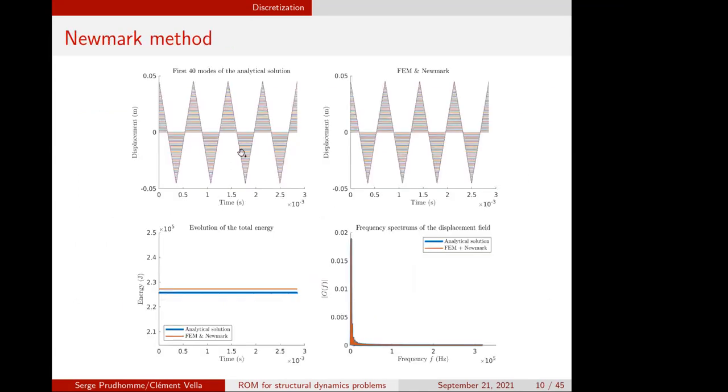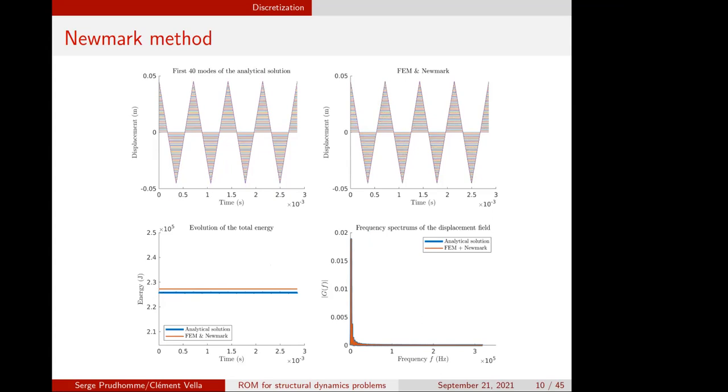preserve our energy. Again, I'm showing the analytical solution using 40 modes, and now the solution. And we see that the energy is not dissipated anymore. Of course, we still have some errors, but the energy remains constant.